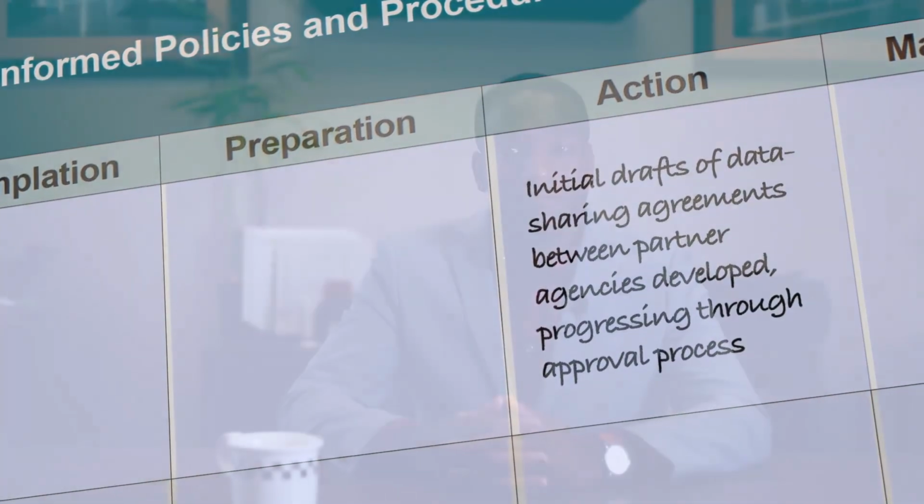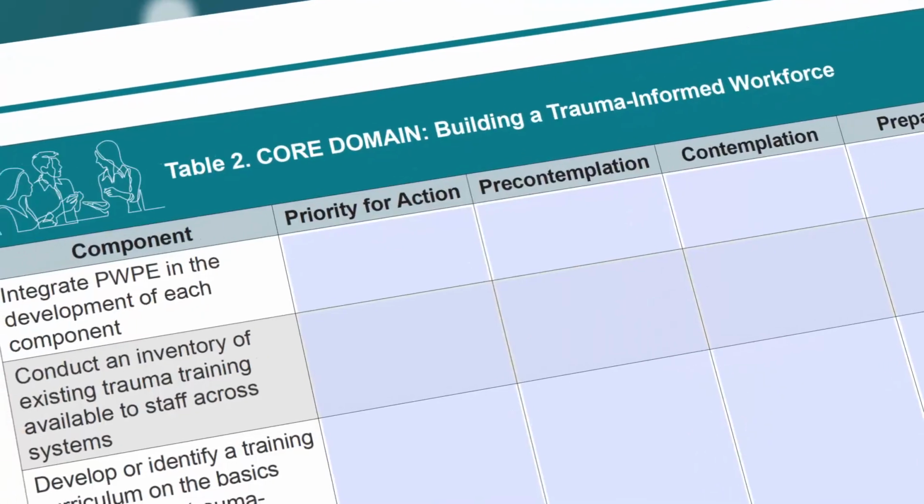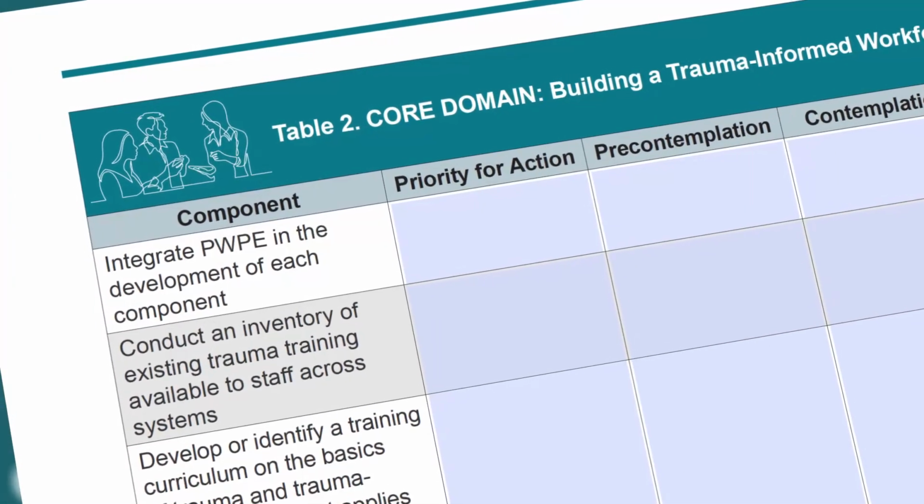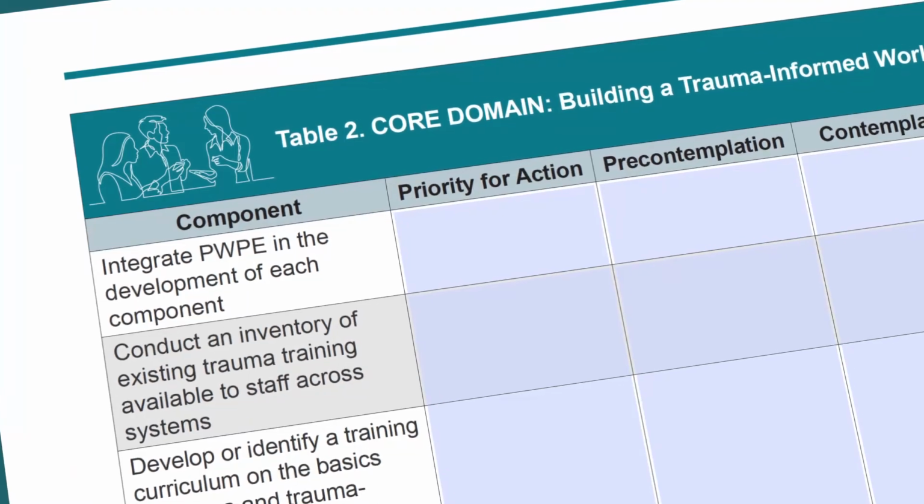Here's another example. In Table 2, Building a Trauma-Informed Workforce, the second cell down in the column titled Component reads as follows: Conduct an inventory of existing trauma training available to staff across systems. One of the components is conduct an inventory of existing trauma training available to staff across systems.